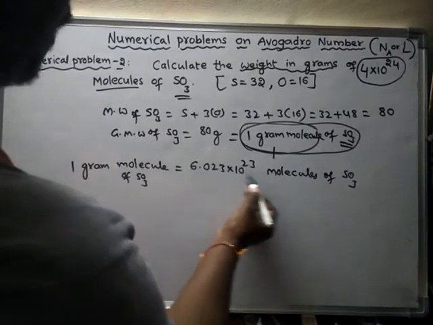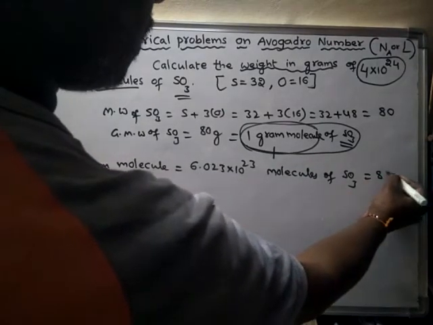So that means these many molecules of SO3 is equal to 80 grams.